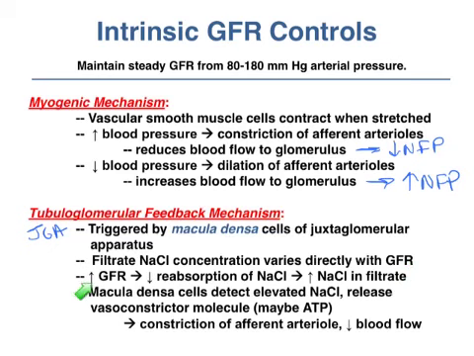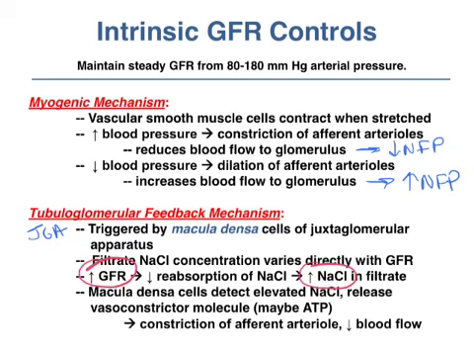If you have a high GFR, fluid is moving through the tubules quickly, so you have decreased reabsorption, which means that you're going to have greater concentrations of sodium chloride in the filtrate, right? The Macula Densa cells detect this elevated sodium chloride, which, remember, acts as an indicator of an elevated glomerular filtration rate.